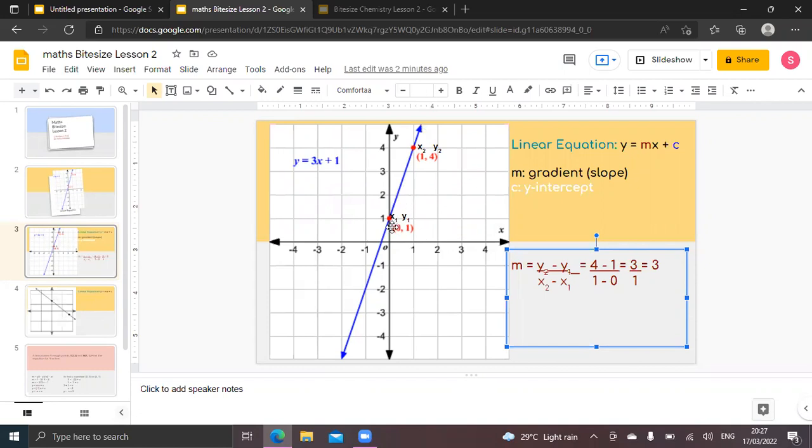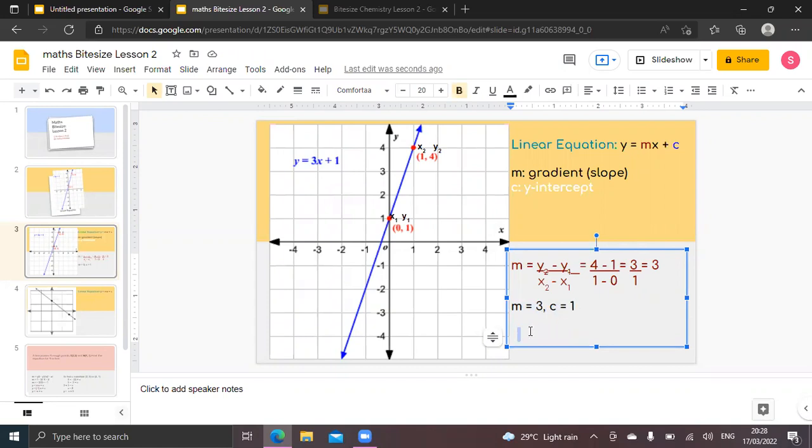In this case, I can see clearly the y-intercept is 1. The point is at y equals 1. So easily I can say c is actually 1. I'm going to write it down here: c equals 1. So from my calculation, m equals 3, c equals 1.